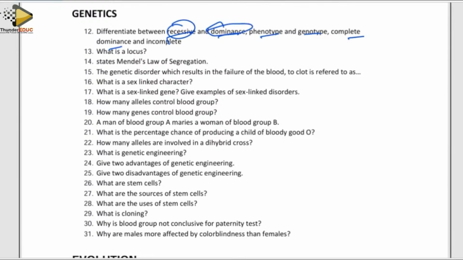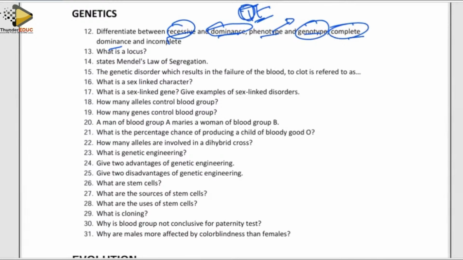And then a dominant allele is the allele which expresses itself in a heterozygous state. If you have something like this, this one becomes the dominant allele. It's the character which is being expressed in a heterozygous state. A phenotype is a physical description of an organism, while a genotype is the genetic description of an organism.